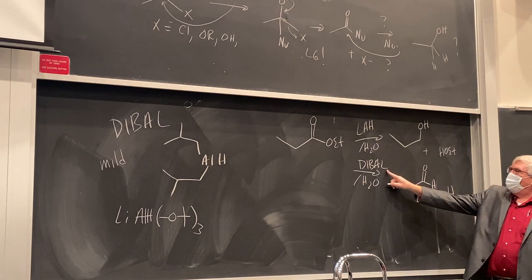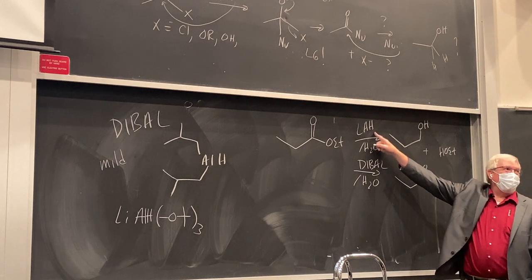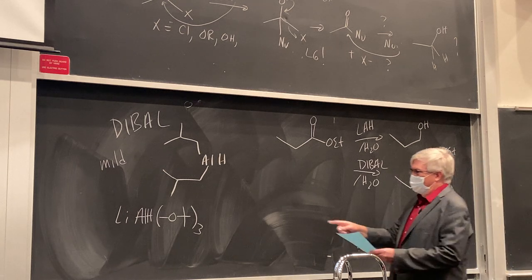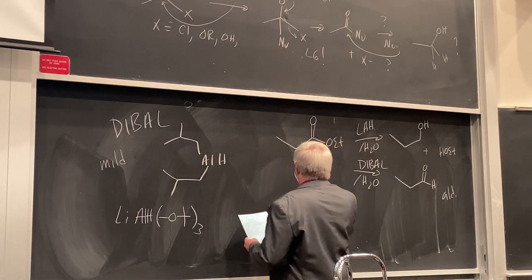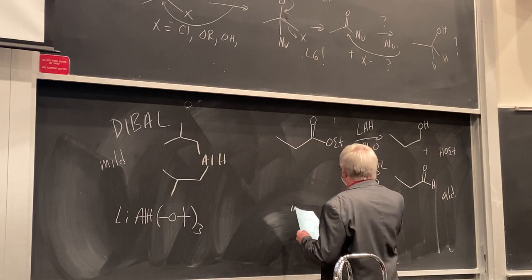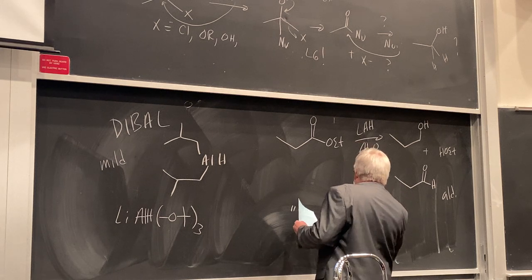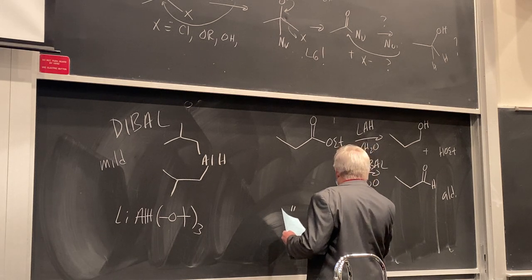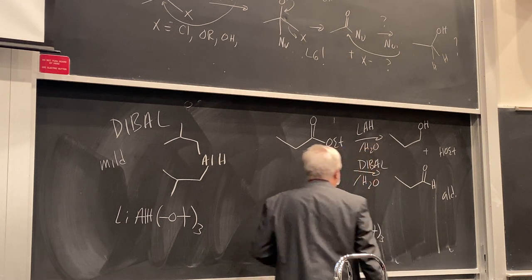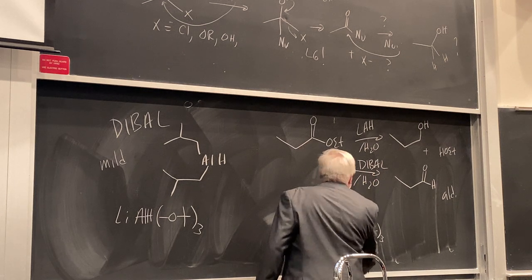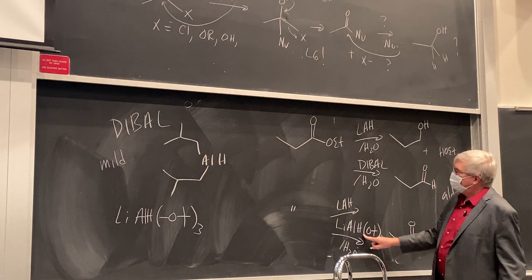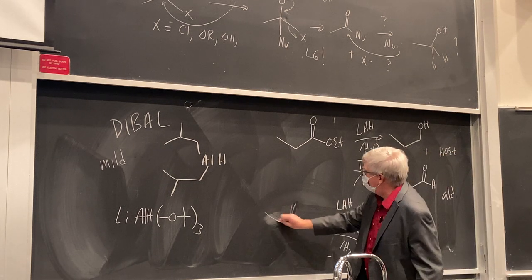Notice DIBAL only has one hydride on it, where LAH has 4, right? So that might give you a clue there. The mechanism will bear that out. Now let's see for lithium tri-tert-butoxy aluminum hydride. Let's do the same ester here. So LAH, we already know that. But if we use lithium aluminum tri-tert-butoxide, and then quench with water, we also stop at the aldehyde. And we'll use this reagent, not for the ester, sorry.